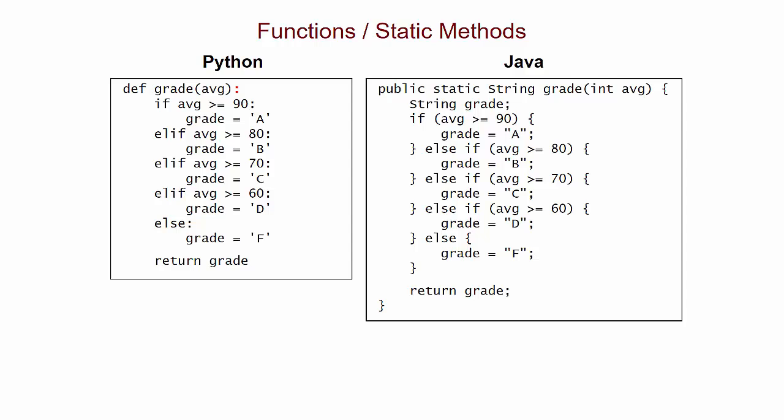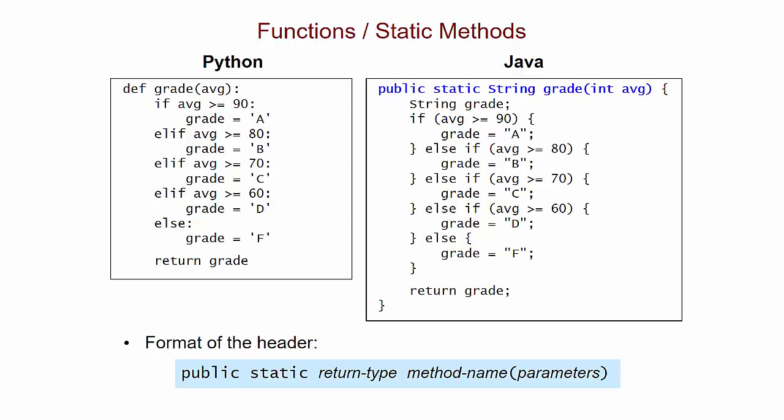Because a method defines a block, we have curly braces around it, and then we have the method header. And the format of a static method header begins with public static usually. We're going to talk more about public in a later video. Then we have the keyword static. Static is what makes it a static method. We then need to specify the type of value that the method is returning. This is something we don't need to do in Python, but we do in Java.